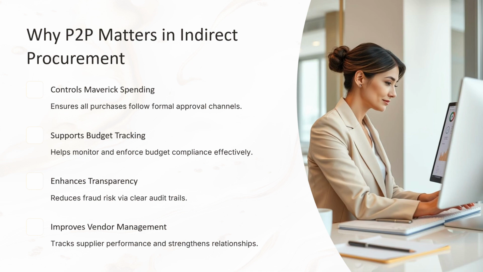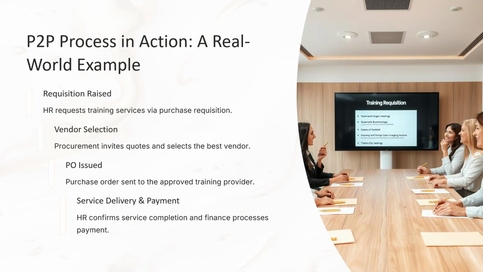And cost too, which is one of the most important principles. Those vendors who fulfill all these criteria are awarded the orders, and their performance is measured in terms of delivery and quality. So these are all the benefits of the indirect P2P procurement process. What we see is control of maverick spending, support for budgeting, enhanced transparency, and improved vendor management.